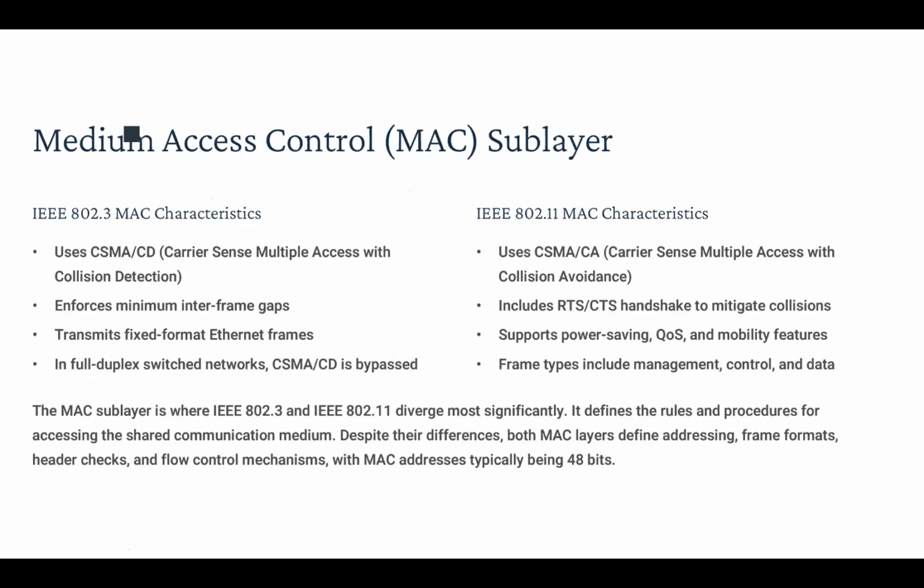Now, we also introduced the MAC, or Medium Access Control, sublayer. Let's talk about the characteristics of that in the Ethernet system first. The MAC layer uses CSMA/CD, which traditional Ethernet uses.